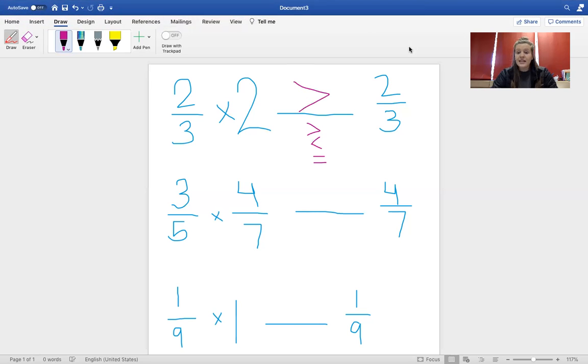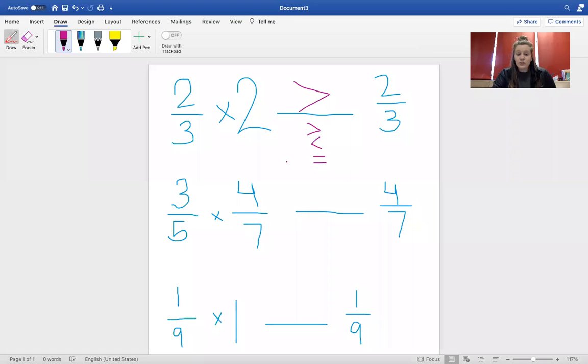So the way that we can think about that is that we are multiplying a fraction by a whole number, which is greater than 1. So since we are comparing this answer to 2/3, we know that it's going to be larger, right? Because we are multiplying 2/3 by a whole number greater than 1.